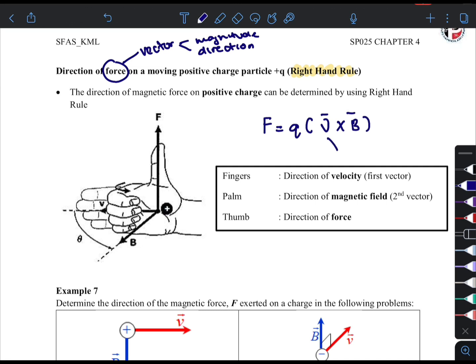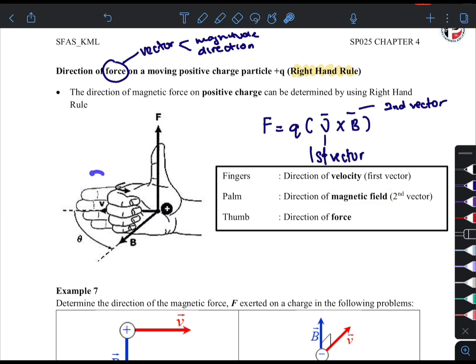Okay, so we have 2 vectors crossing each other, where V is the first vector, crossing with the second vector. Velocity adalah vector, magnetic field pun vector juga. So V is the first vector. So the fingers represent your velocity, and then the palm, tapak tangan kamu, will represent the magnetic field.